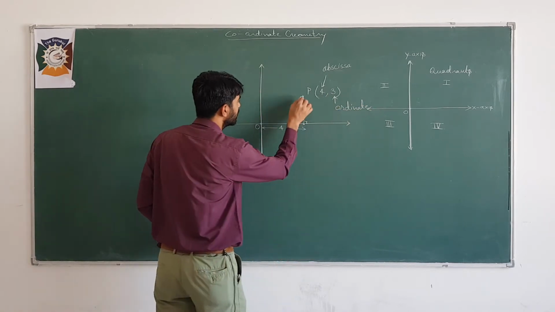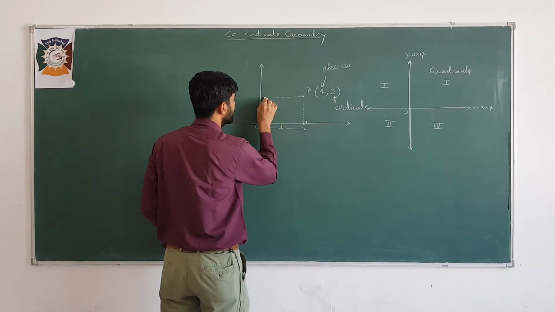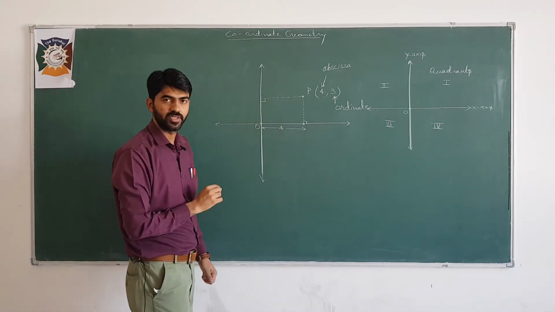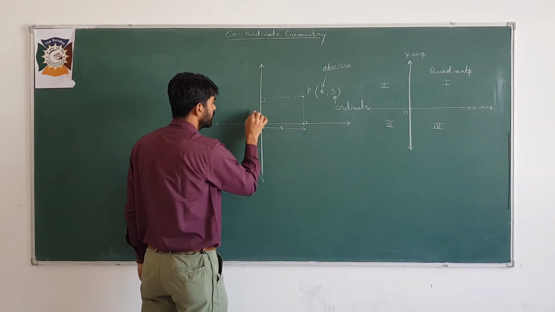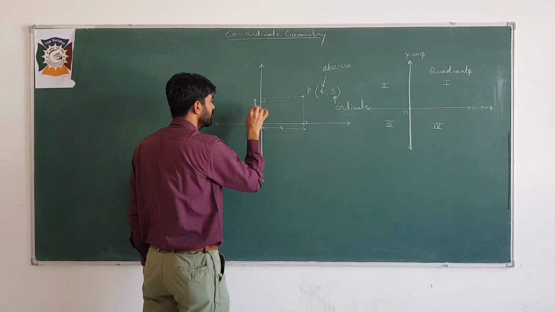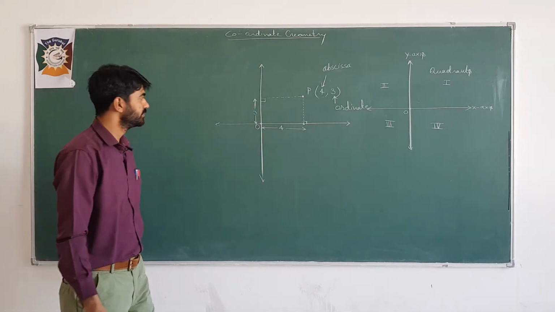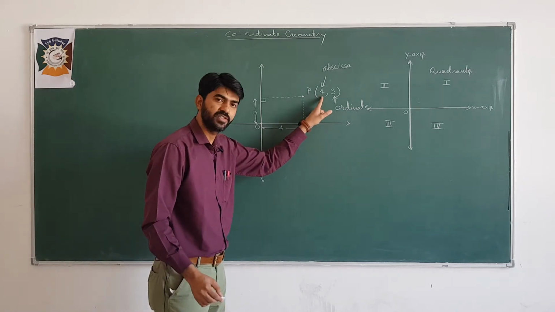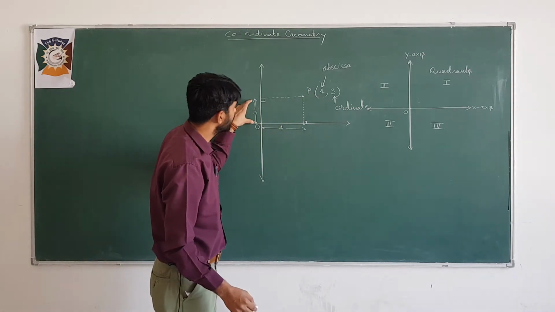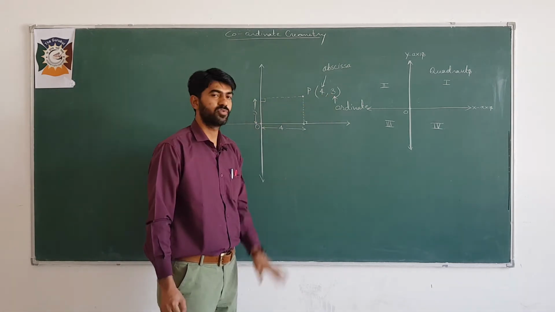It means if I draw a perpendicular on y axis from this point, then this distance from origin will be 3 units. This distance is 3 units. So, this distance is 4 units, that is why abscissa is 4. This distance is 3 units, that is why ordinate is 3, and the coordinates are 4, 3.